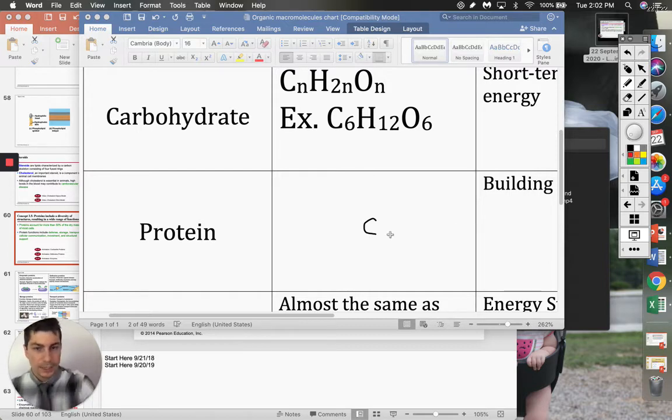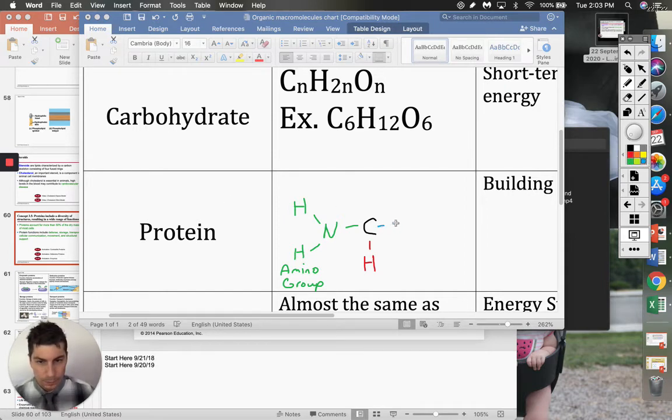On our central or alpha carbon, we are going to have a hydrogen attached. On one side, we're going to have a functional group, an amino group. Okay, that's our amino group. On the other side of it, we are going to have a carboxyl group.